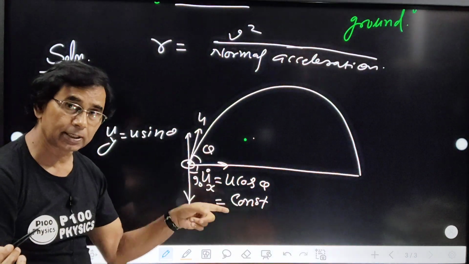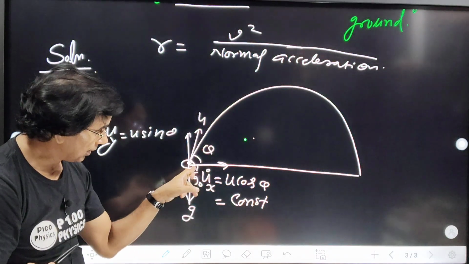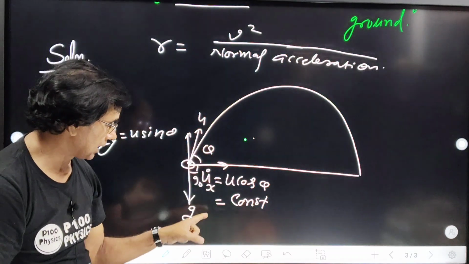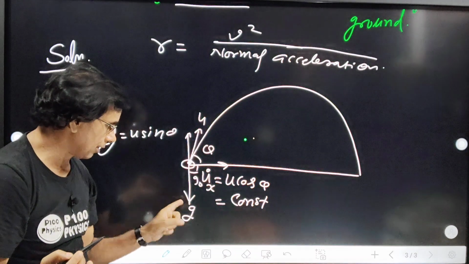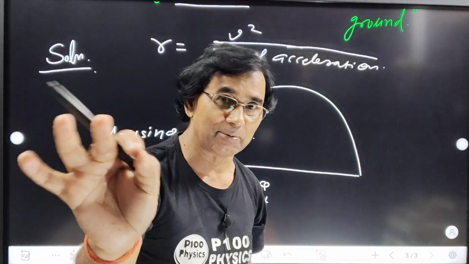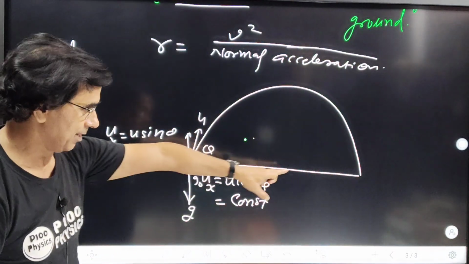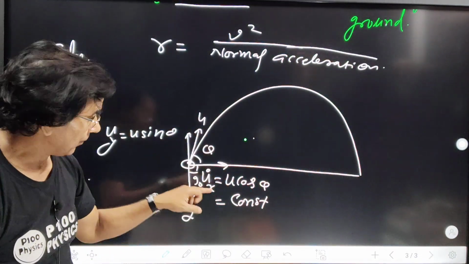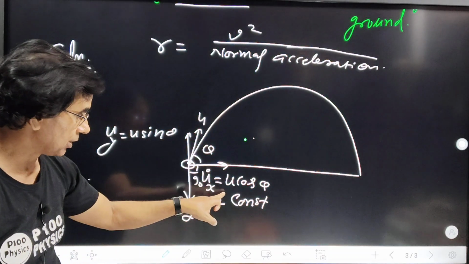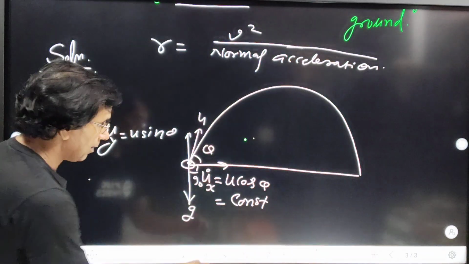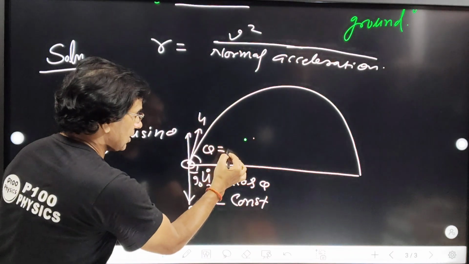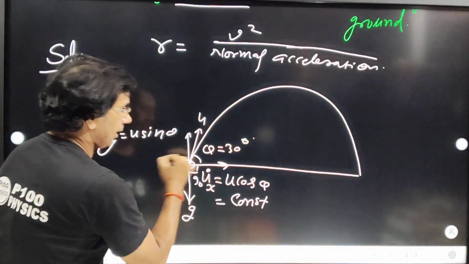The reason behind this: first, there is no acceleration in the horizontal direction, and second, due to this 90 degrees, the work done by this force on this component will always be zero, and therefore there will be no change in the velocity. Also, no acceleration is given along the x-axis, and therefore this component will always be constant.